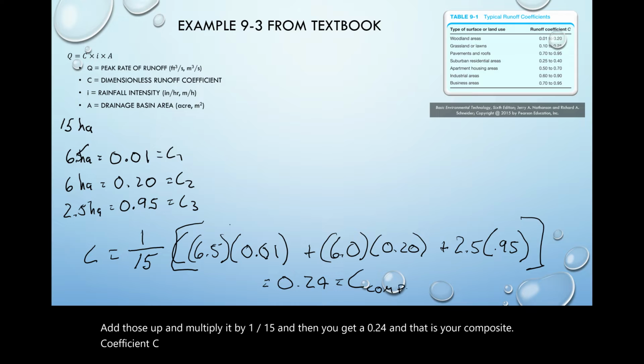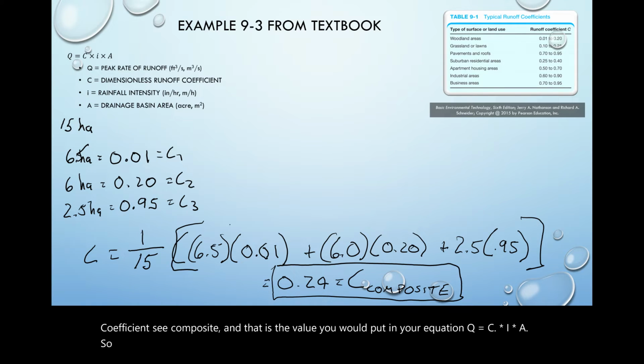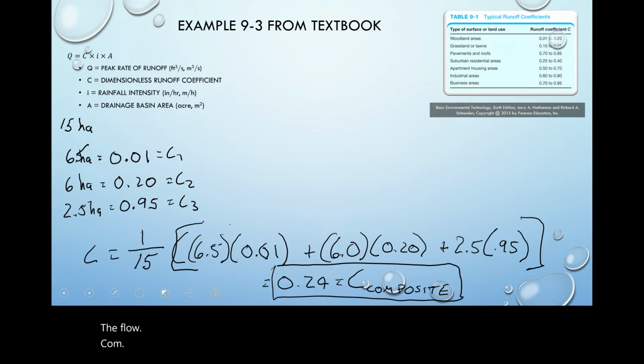And that is the value you would put in your equation Q equals C times I times A. Okay, so that helps determine the flow.